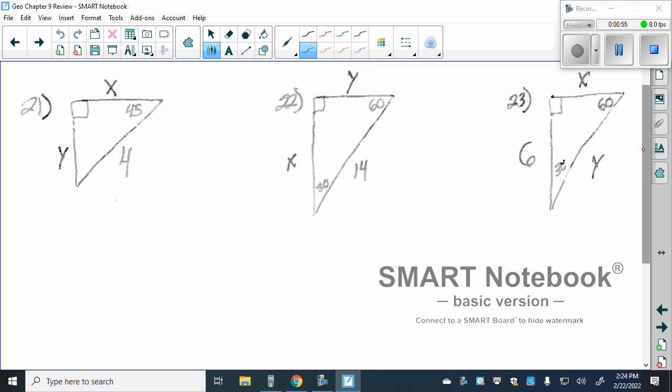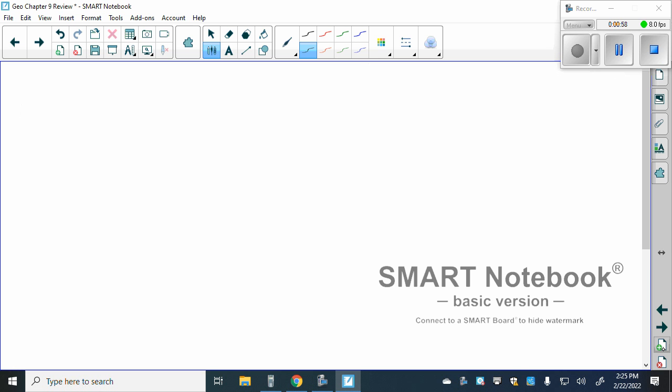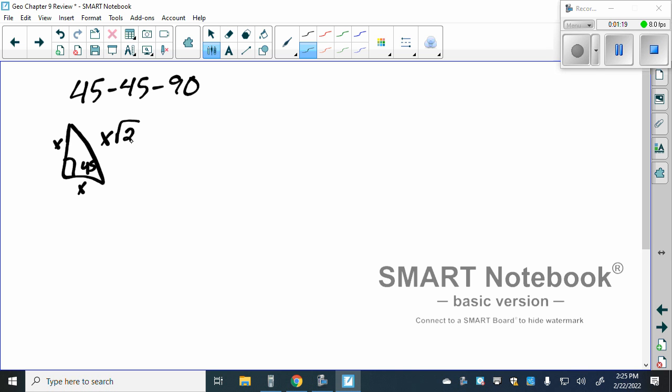Now with the special right triangles, we have the properties. So for the 45, 45, 90 special right triangles, the sides opposite the 45 degrees are the same, and the hypotenuse is whatever that value is times square root of 2.